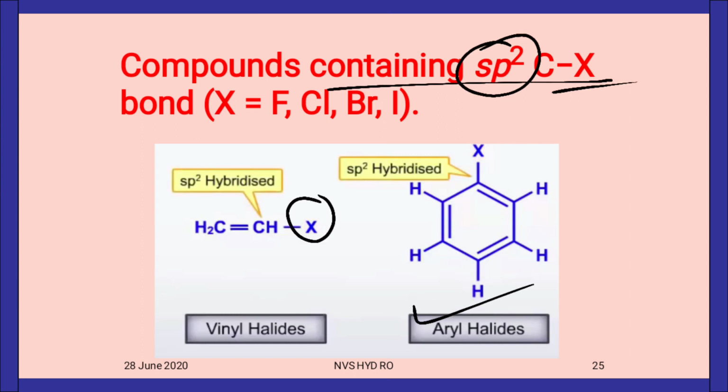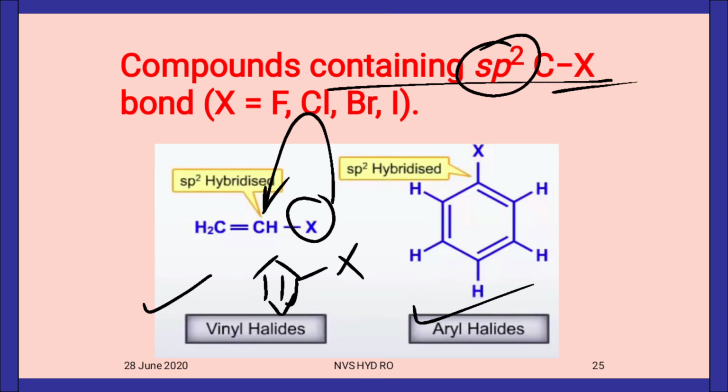Hence it is your vinylic halide, right? If I draw one more structure, with a double bond attached to X, this is also an example of vinylic halide.